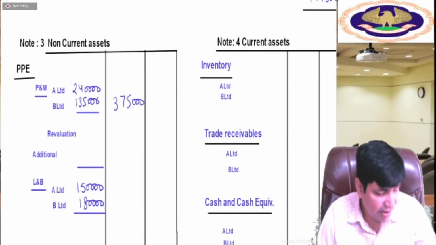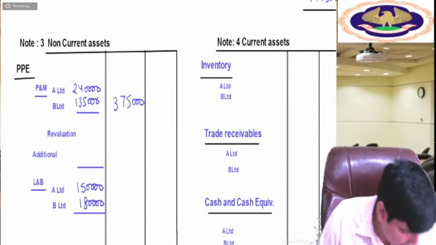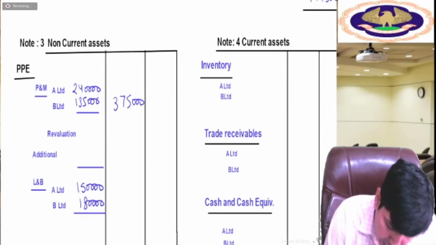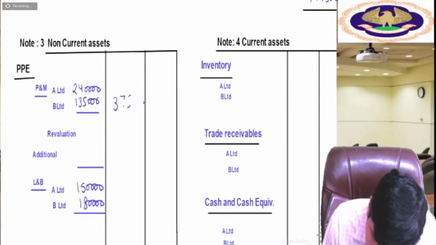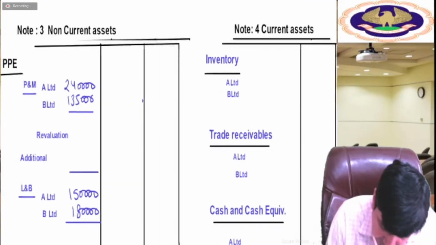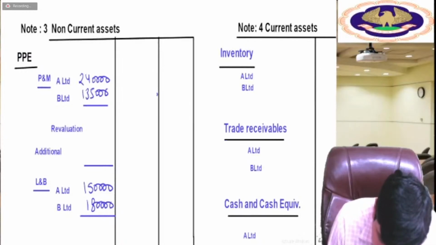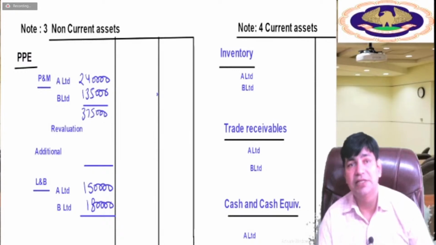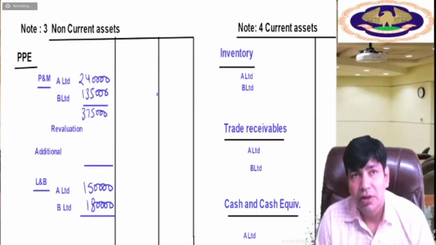So 3,75,000 is the total of this figure. But please don't post it to the outer column. We have some adjustments to do later on in this figure. So do a total here. 3,75,000 is there, and after that we shall do the adjustment regarding the revaluation and the additional part.